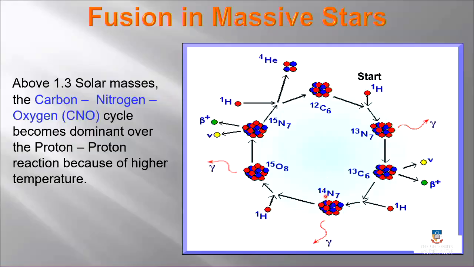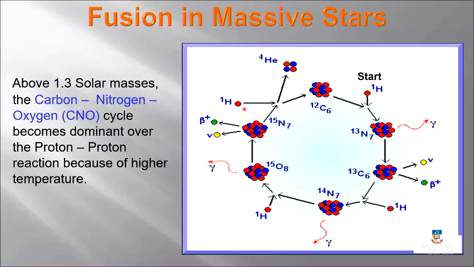This is nitrogen 14 instead of 13. When that decays, it produces oxygen, which fuses with another proton, produces another gamma ray, and decays to nitrogen 15 this time, producing another neutrino and another positron.